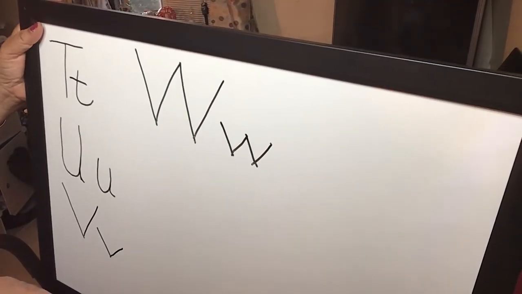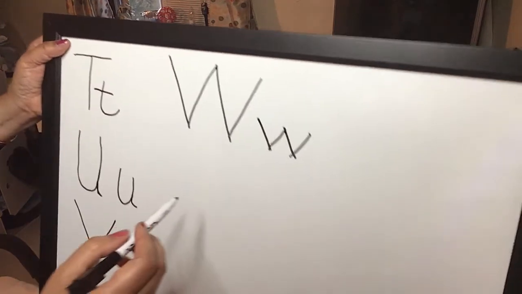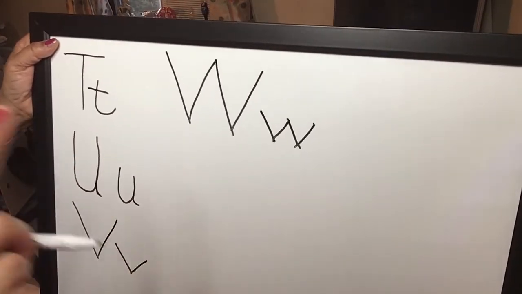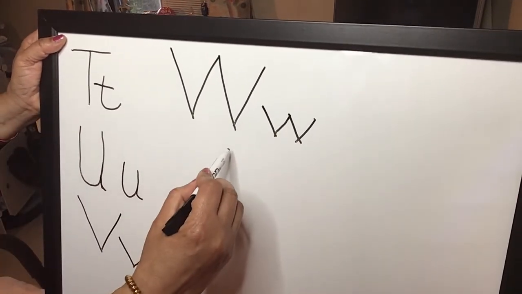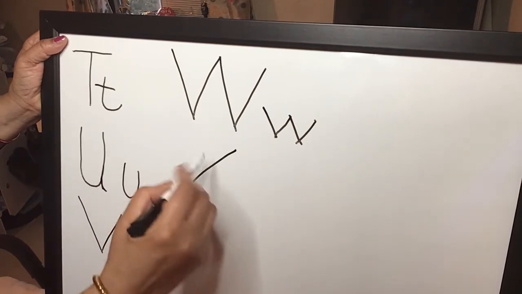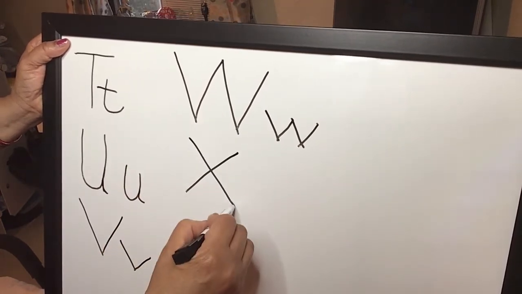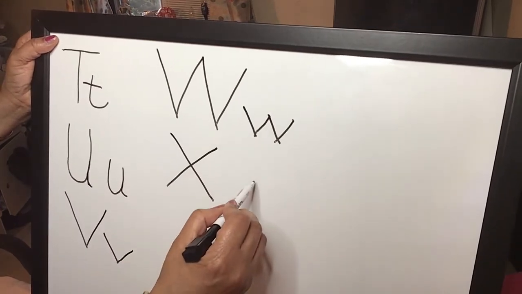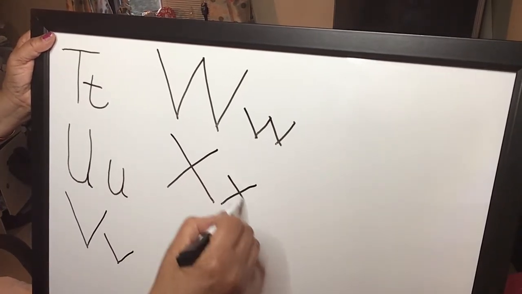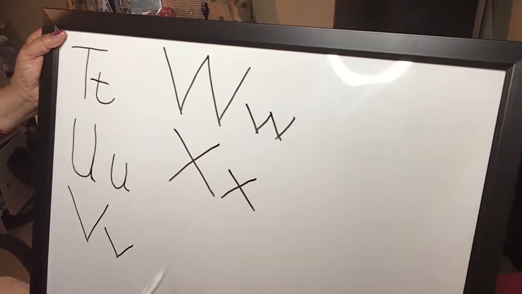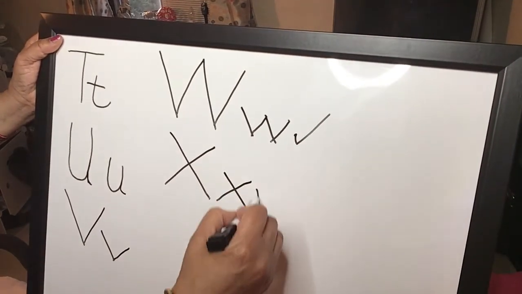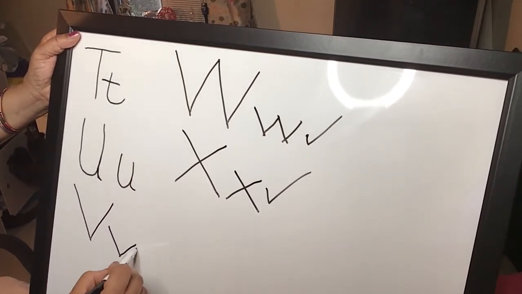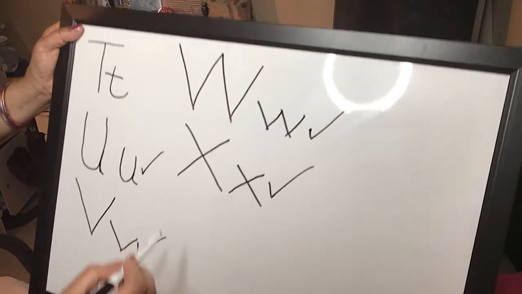Next we have X. It gets easier. X, you just take two sticks. You go like this. X, one to the left, one to the right. Big X, little X, twins.